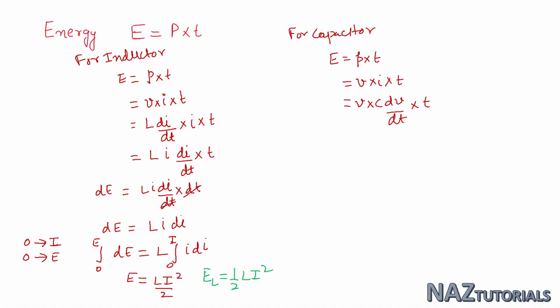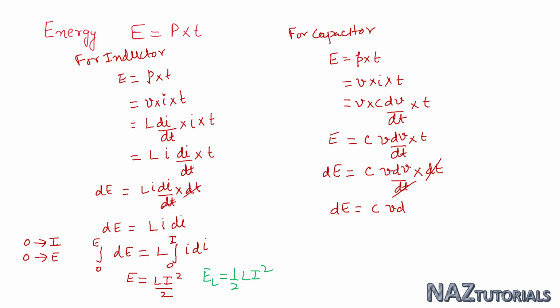You can write E is equal to C V dV by dt into T. If you differentiate on both sides, it is C V dV by dt into dt. The dt is cancelled out, so the differential energy dE is equal to C into V dV.